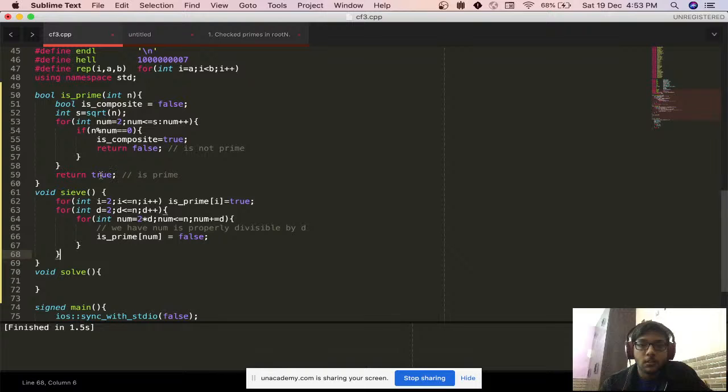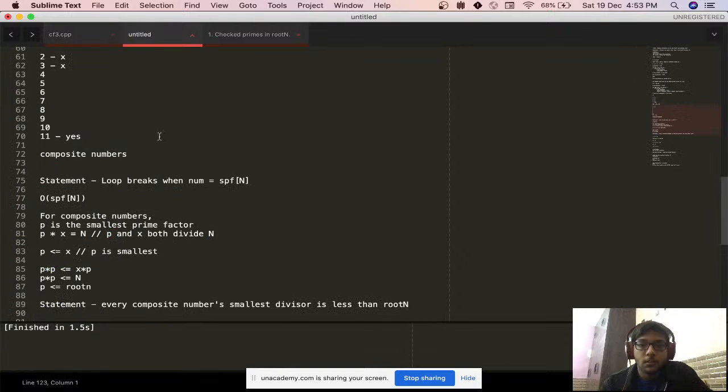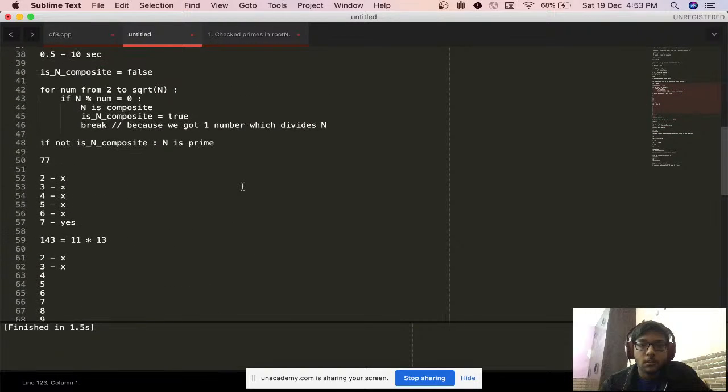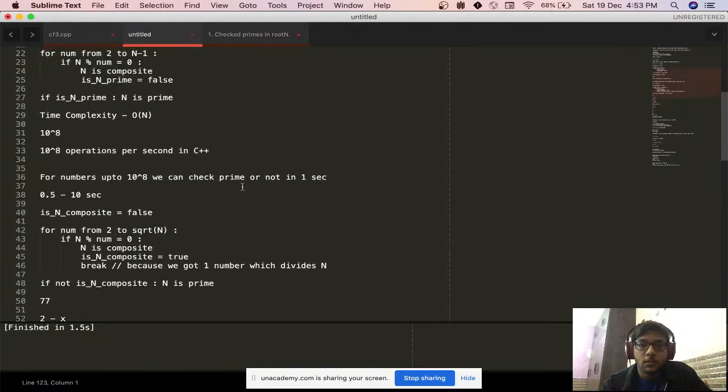So let's see if this works or not. Oh yeah, I did not pass n. Sieve receives an argument, generally the maximum a number can go up to. In our case it was 10 power 7, I think.